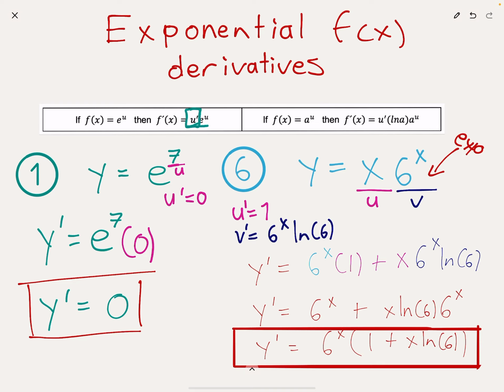But we also have a section that is only x, right? That is not the exponent. So because we have this combination of functions and they are both multiplying each other, we must apply the product rule.